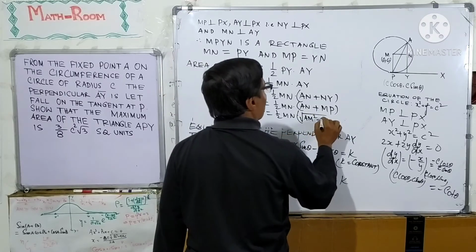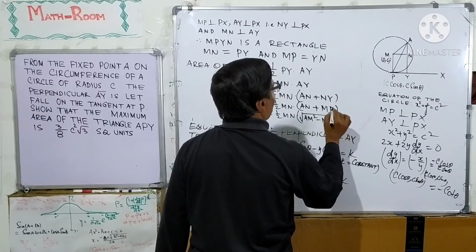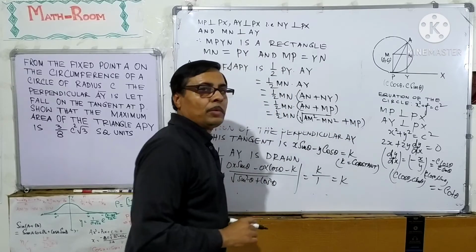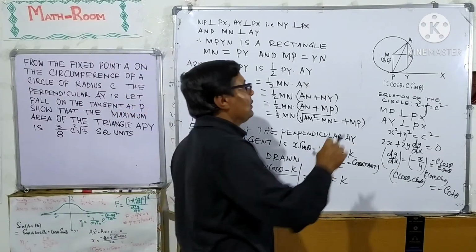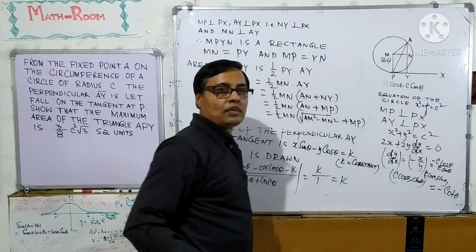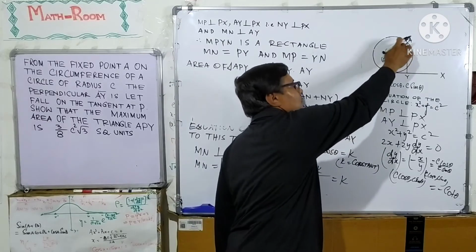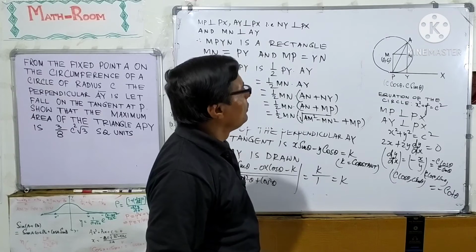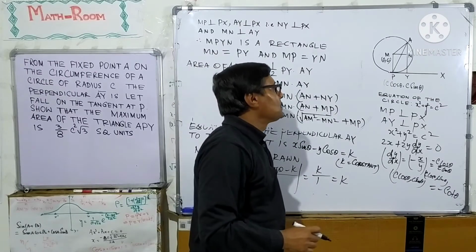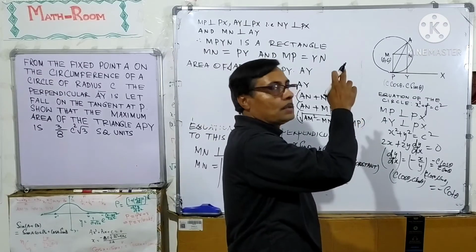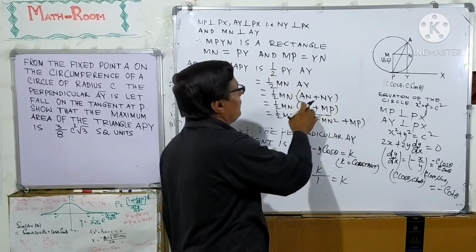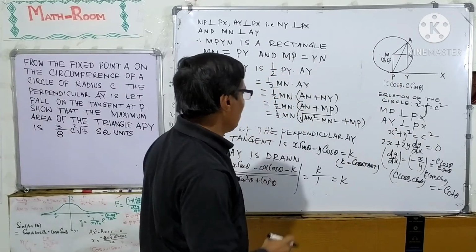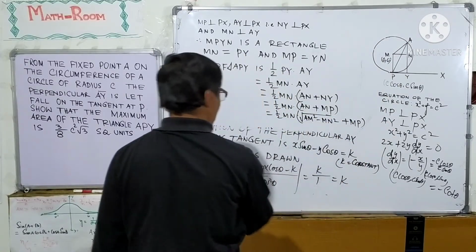From the Pythagoras theorem for a right angle triangle, we can write AN square equal to AM square minus MN square, so AN equals the square root of AM square minus MN square, plus MP.